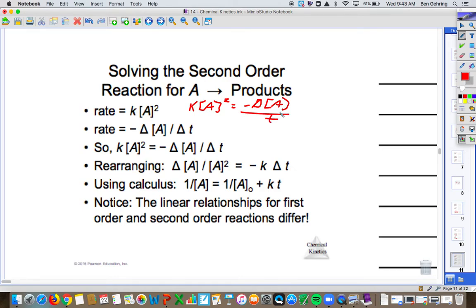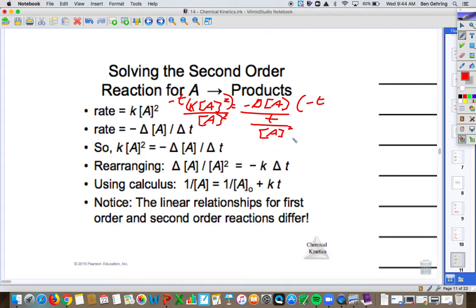I can then set this up so that my concentrations are both on one side. So I get negative kt on this side, multiply both sides by a negative t, and divide by A squared, the concentration of A squared. That's going to land me here, where I get change in concentration of A over A squared equals negative kt.